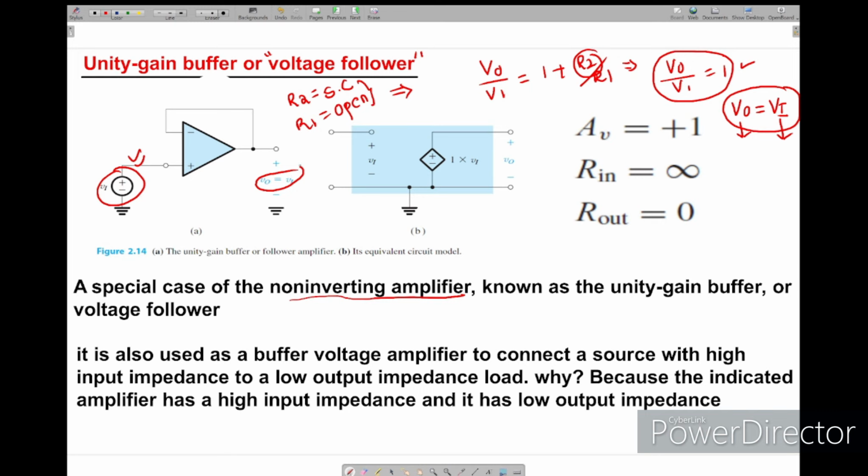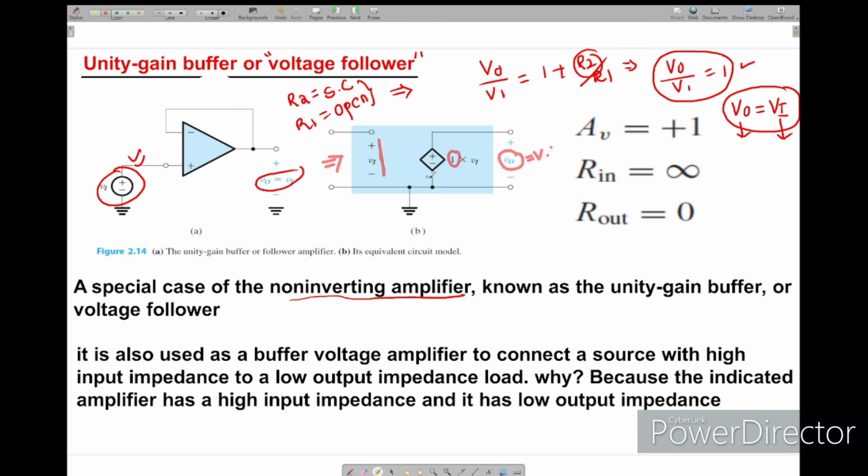But what is the advantage if we get an output the same as the input? By using this amplifier, we get high input impedance and low output impedance. See, in this model of the voltage follower, because the internal impedance of the op amp is very high, we open this path, and the gain of this circuit is high, so V0 is nothing but Vi.